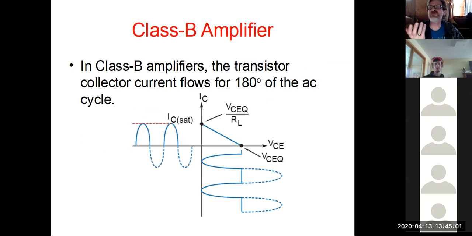Notice the first thing: we have clipping. We're only using the 180 degrees of the AC cycle. One will be on, one will be off, and then vice versa. During the positive alternations, this one will be off, clipping the negative, and then vice versa.